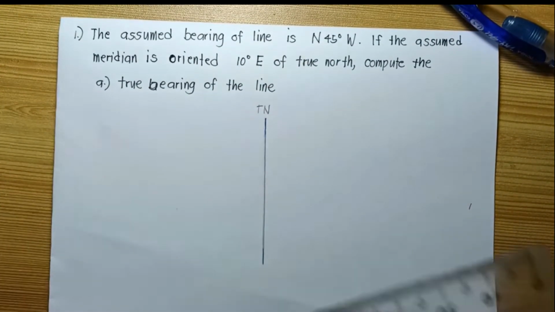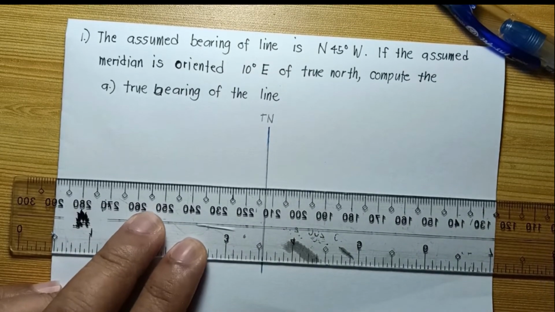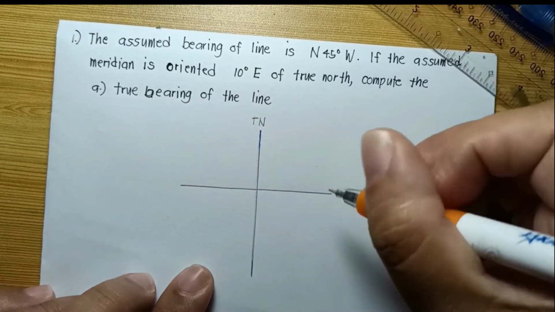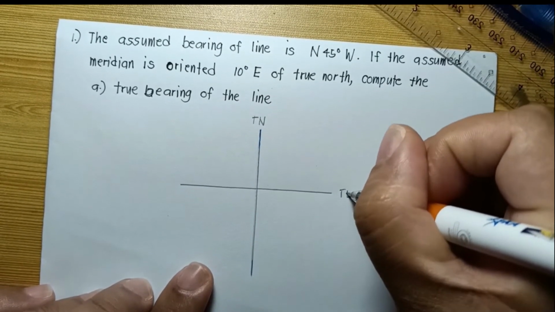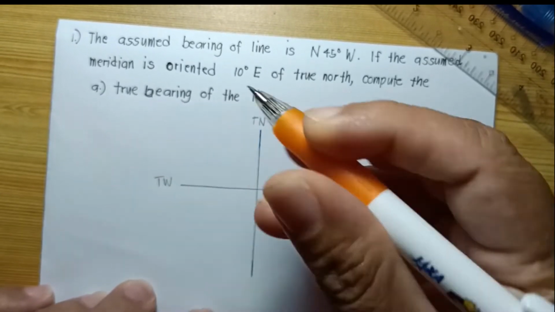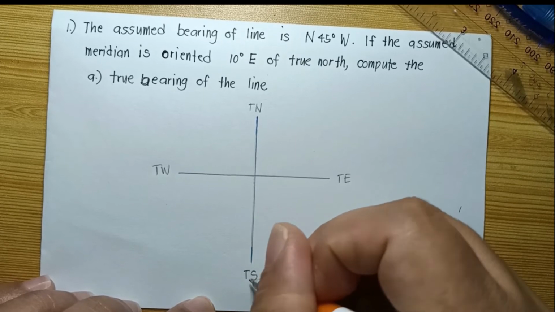And of course, the line perpendicular to the true north is your true east, and this is your true west. And here is true south.